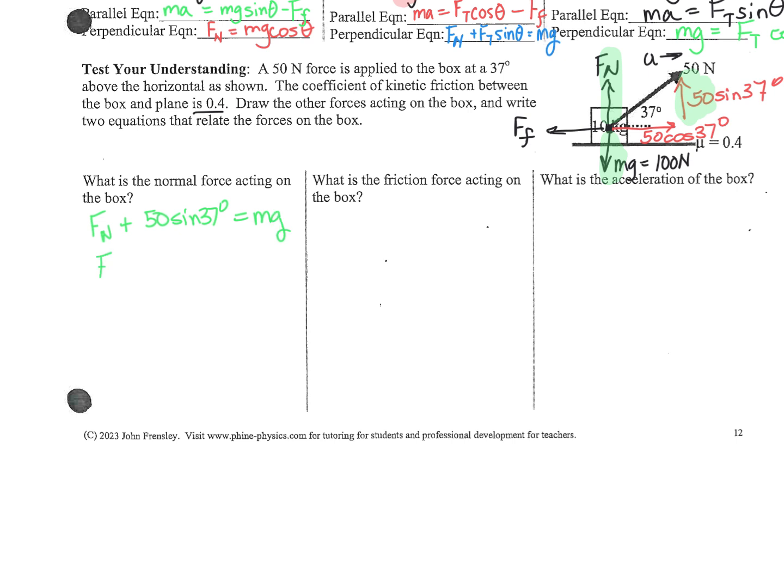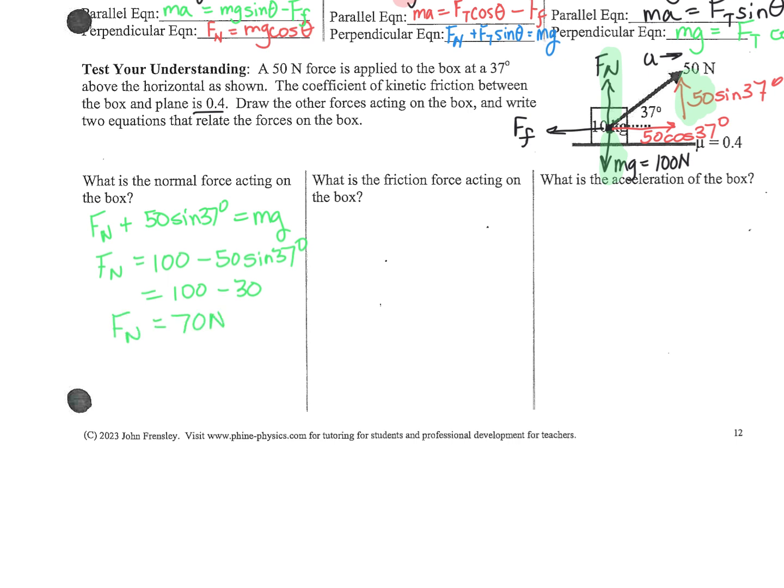So my normal force right here is going to be equal to mg, which we said was 100 newtons, minus 50 sine 37 degrees. So that's going to be 100 minus 30, which is 70 newtons. So the normal force is 70 newtons.